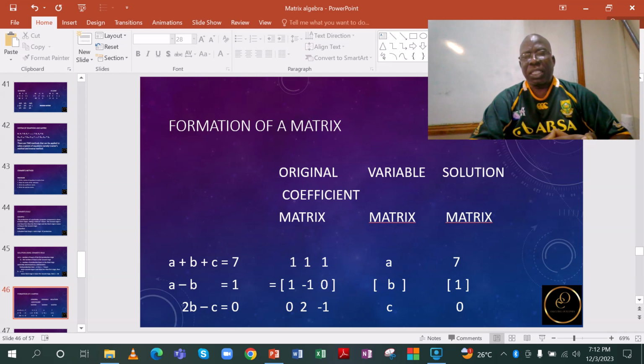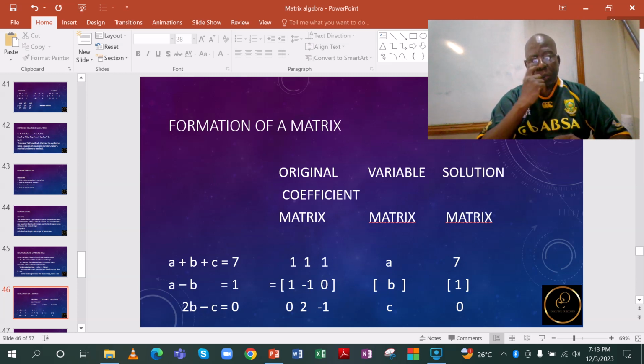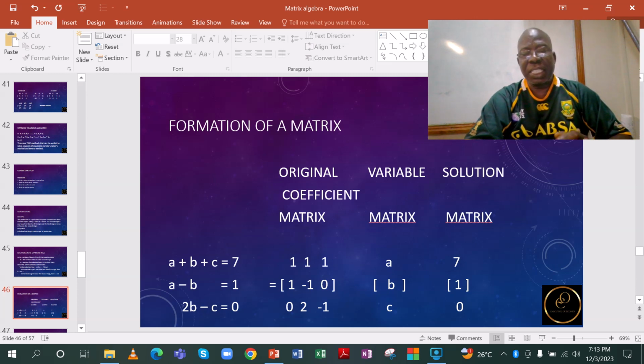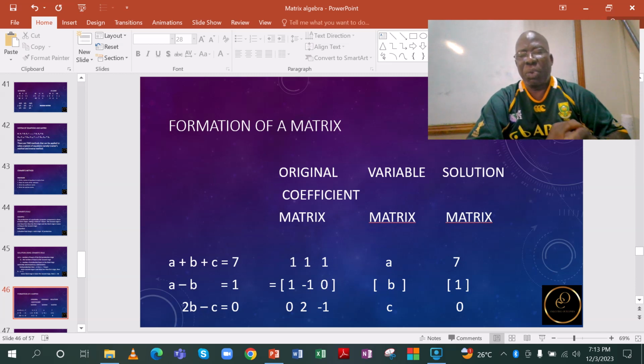The last is C equal to 2B, and you can rearrange it to 2B minus C equal to 0. So we have a system of equations.